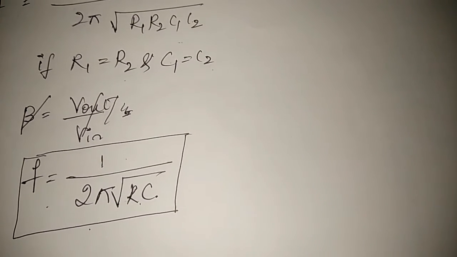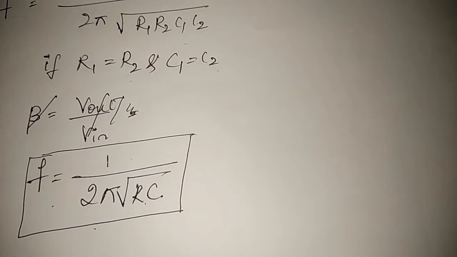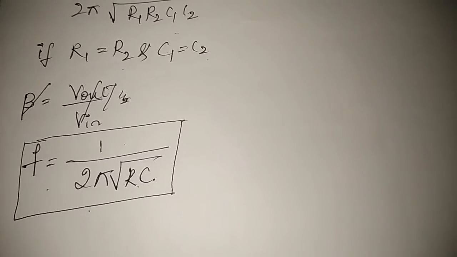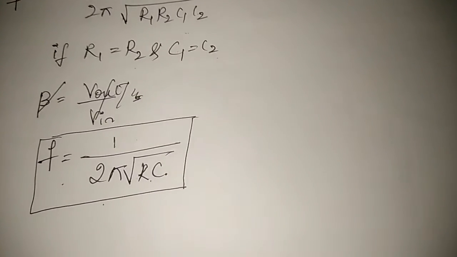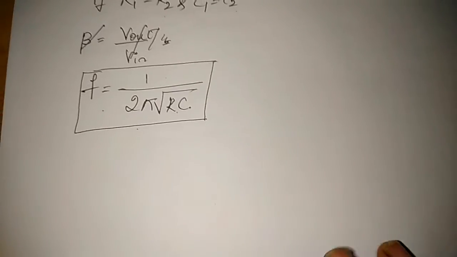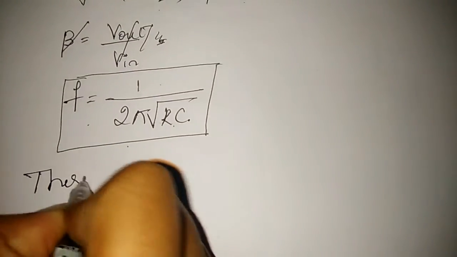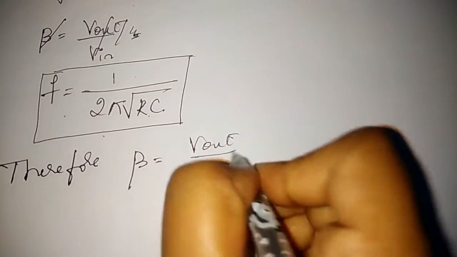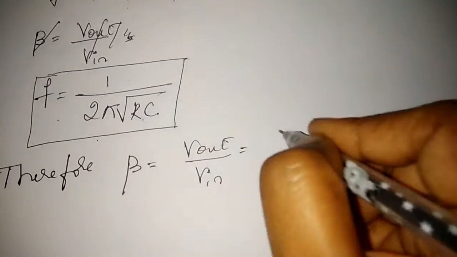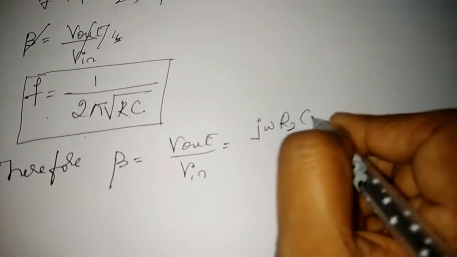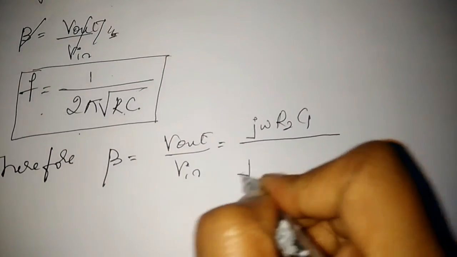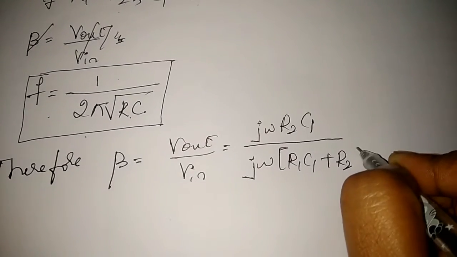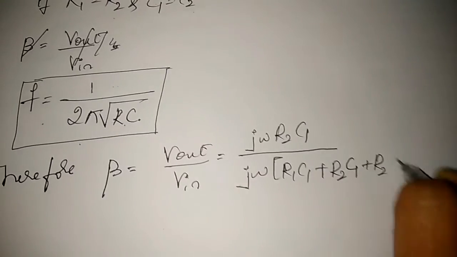Okay. So now to find the feedback factor, that is beta. What is the feedback factor beta? So for that we have to consider one more term in the equation. So beta is equal to V out divided by V in, which will be equal to j omega R2C1 divided by j omega into R1C1 plus R2C1 plus R2C2, isn't it?